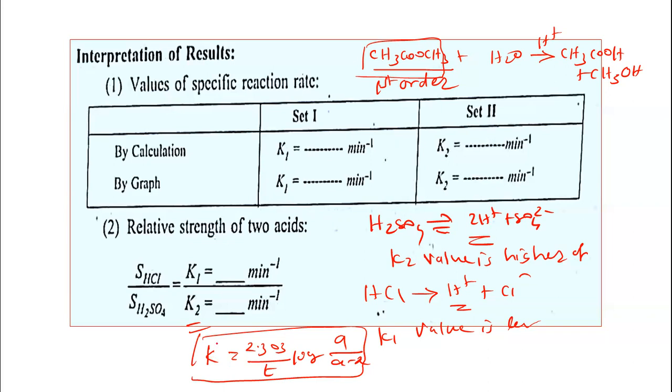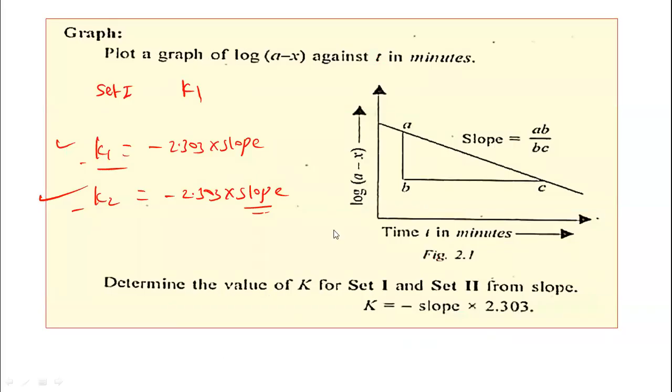And by plotting the graph of log of (a minus x) versus time for both sets, we can obtain the K1 and K2 values from the graph. Actually, there is not much difference between the K1 and K2 values by calculation and by graph; they are nearly the same.